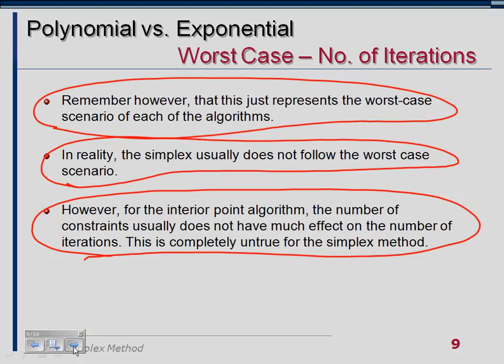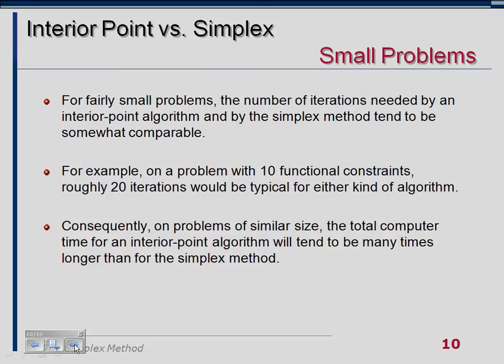Okay? So for fairly small problems, the number of iterations needed by an interior point algorithm and simplex are somewhat comparable. So for example, for a problem with 10 functional constraints, roughly 20 iterations would be required for either algorithm. So consequently, on problems of similar size, the total computer time for the interior point algorithm will tend to be many times longer.